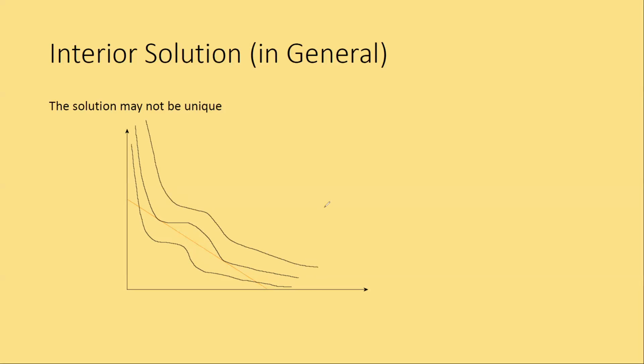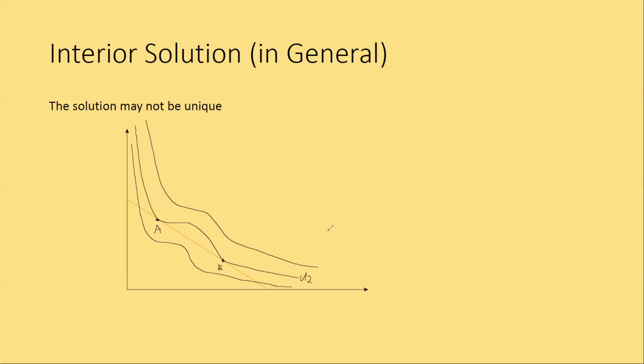So the indifference curves may look something like this, so that we can actually find 2 points where our budget line is tangent to our indifference curve. In this example, both of those 2 points will give you the same level of utility, and this indifference curve, if it is U2, is indeed the highest indifference curve that you can achieve given this budget constraint. However, the solution is not unique, as both point A and point B are going to be the optimal bundle that we can find.